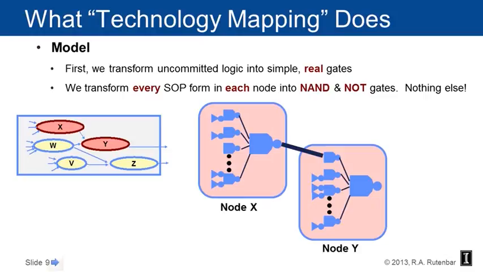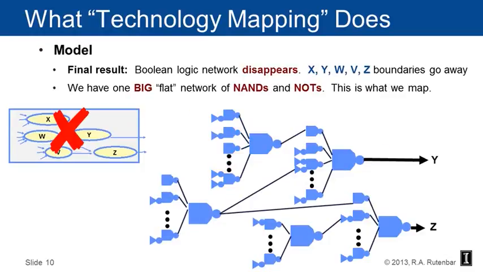Our first step is an interesting simple step. We go from the sum of products forms to NANDs and NOTs, and we do that for every node in the Boolean logic network. What we get as a consequence is this complicated looking diagram where the X node, the W node, the Y node, the Z node, the V node, each one is replaced by some combination of NAND gates for the product terms, NOT gates for the literals that appear in complemented form, and a big NAND gate at the output to implement the two-level form, a two-level NOT NAND form for every sum of products form, and then those forms are connected properly.